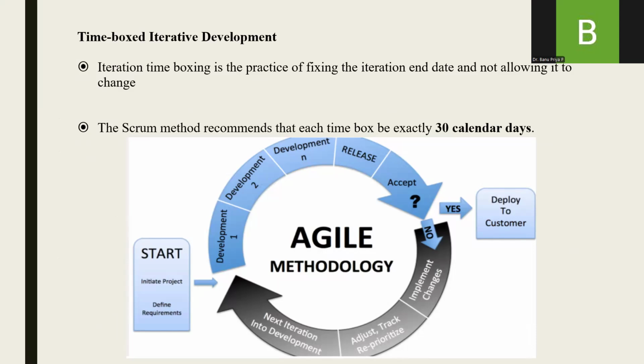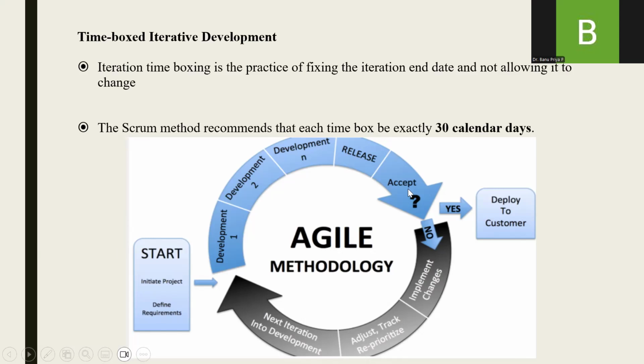If you look at this figure, it is a time box iterative development model. So here we will initiate the project. We will first define the requirements. The customer is going to define the requirements to the project lead. And the complete project is broken down into small phases, that is why it is development 1, 2, 3, like that till the end, and the product will be released.